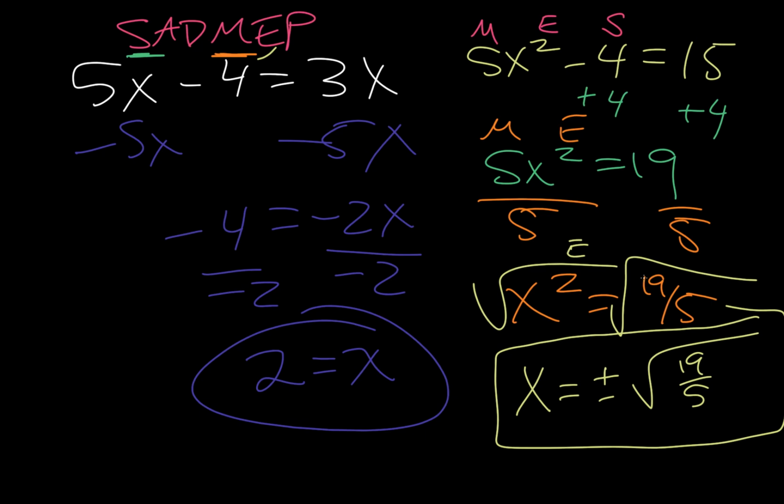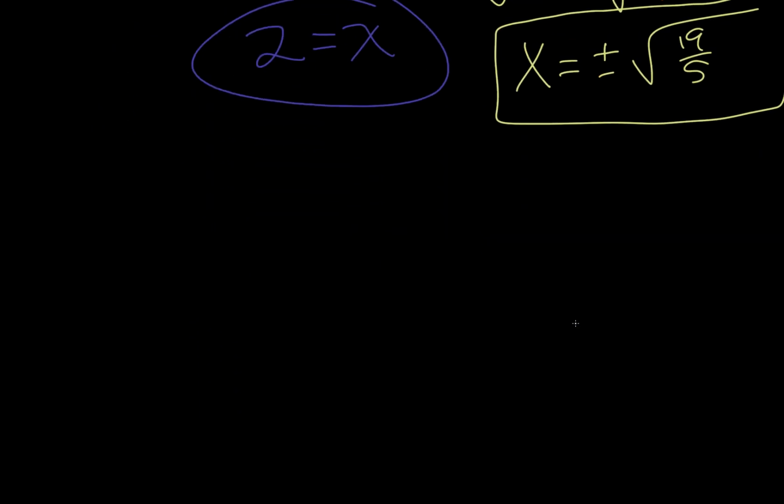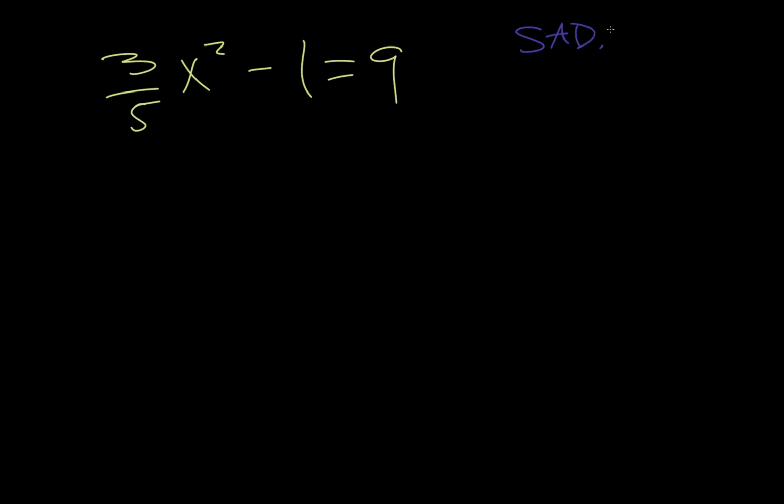Okay, now let's keep moving on. This time we're going to put a fraction, use an exponent, and also have subtraction. Okay, once again, we write SADMEP, identify the pieces.